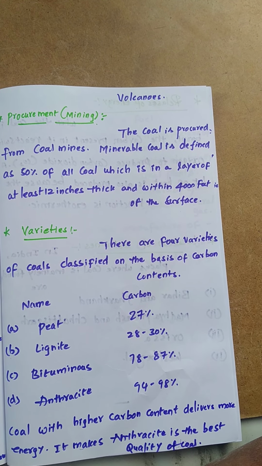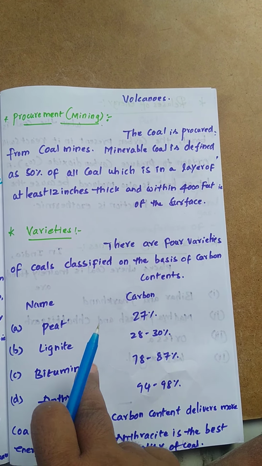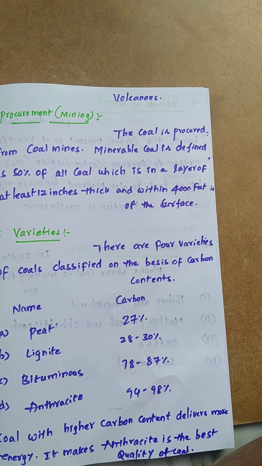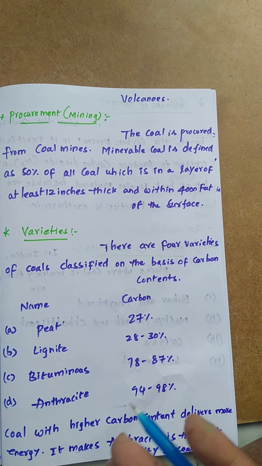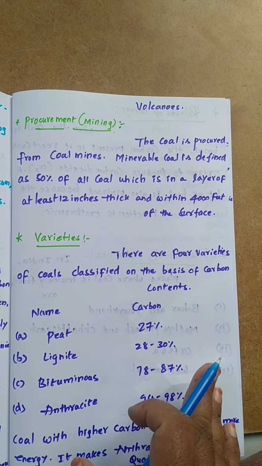Peat has less carbon content, so it delivers less energy, and it is not the best quality of coal compared to anthracite.